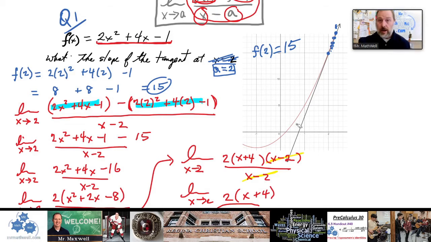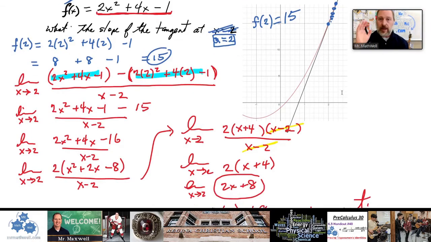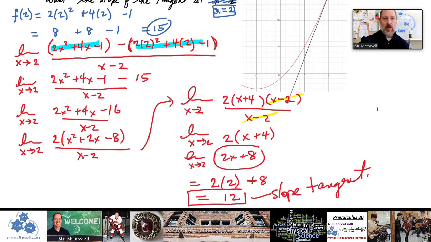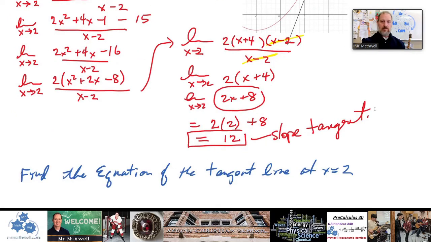Gives us about 12, so it's perfect actually. All right. So that's your first question. That's a bit of a long one, but you can do it. But that is how we use limits to find the slope of a tangent.